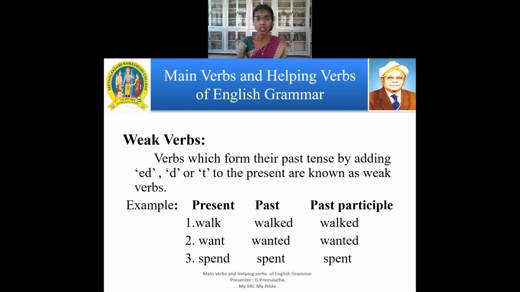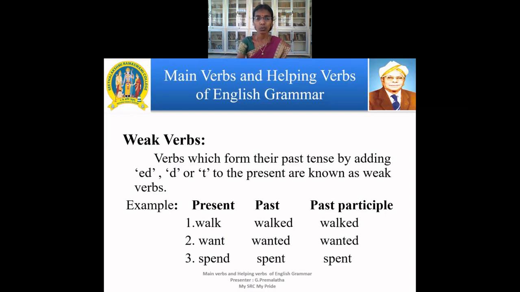So these two forms V2 and V3 never changed. Along with the V1 verb walk, we just add ed to make V2 and V3. So along with the main verb, if we add ed, d or t, that is called weak verbs.